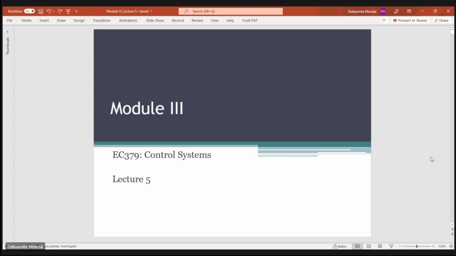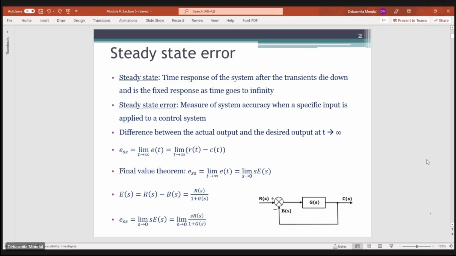Okay, so then we started talking about the steady state errors. Basically, the steady state error is a measure of how accurate the system is. When you are providing an input to that control system, what is the difference between the steady state output and the specific input that you are providing?